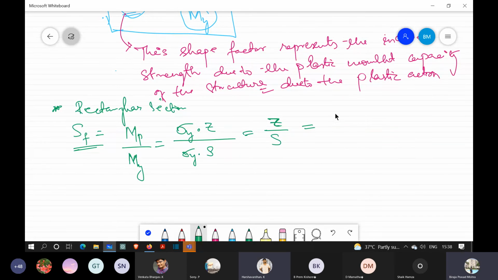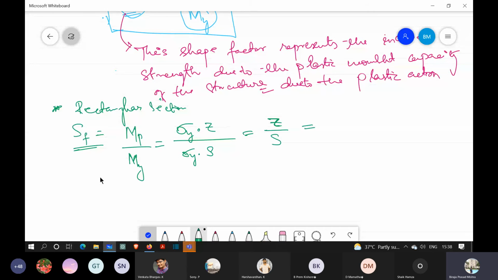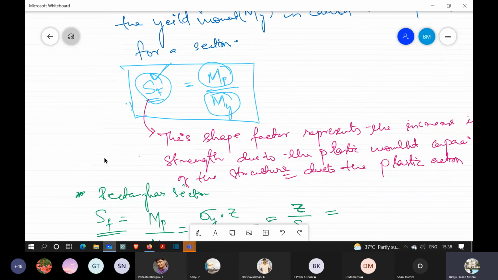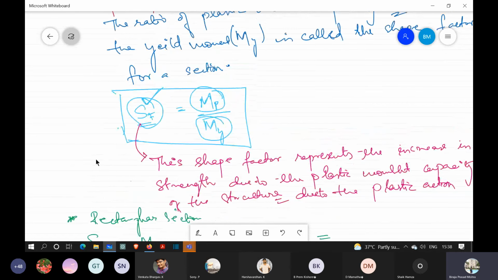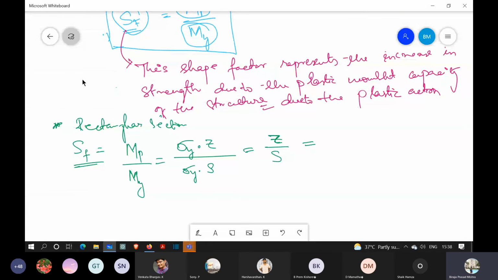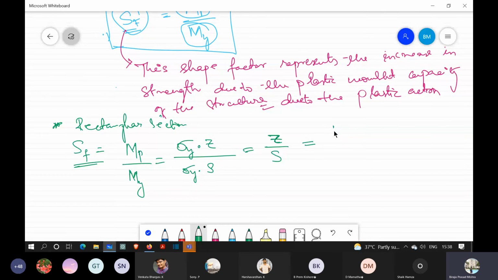Yes, Z is BD square by 4 and the value of S is BD square by 6. So if you do that, it becomes 1.5. So the shape factor for a rectangular section is 1.5.